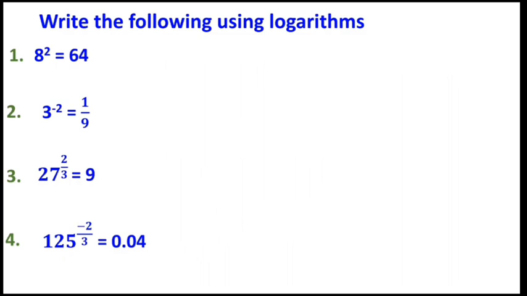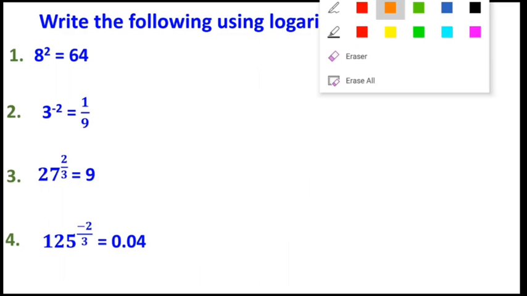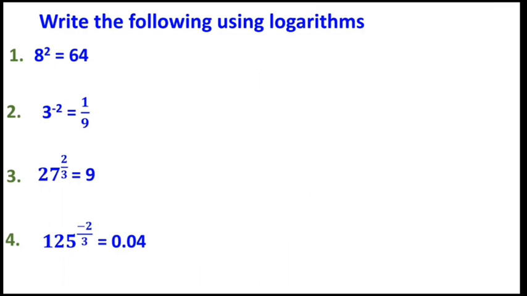Let's move on now. Now we're asked here to write the following using logarithms. In other words, we've got a number in exponential form, and we're going to write it in log form. So the first one, we take the logarithm of the base, which is 8. So we say log base 8 of 64, and the exponent is 2.